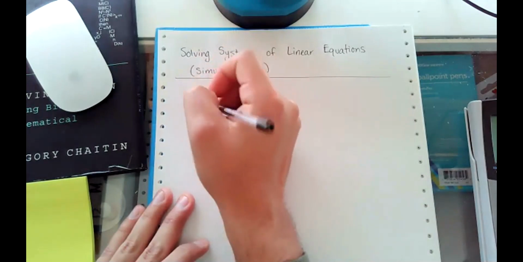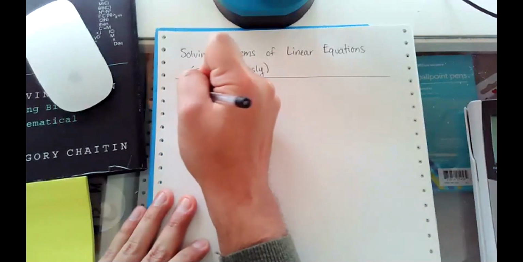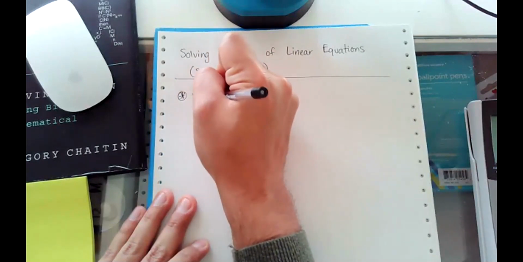Mathematicians have a couple of different methods for solving two equations at the same time. Right now, I'm going to show you the substitution method.